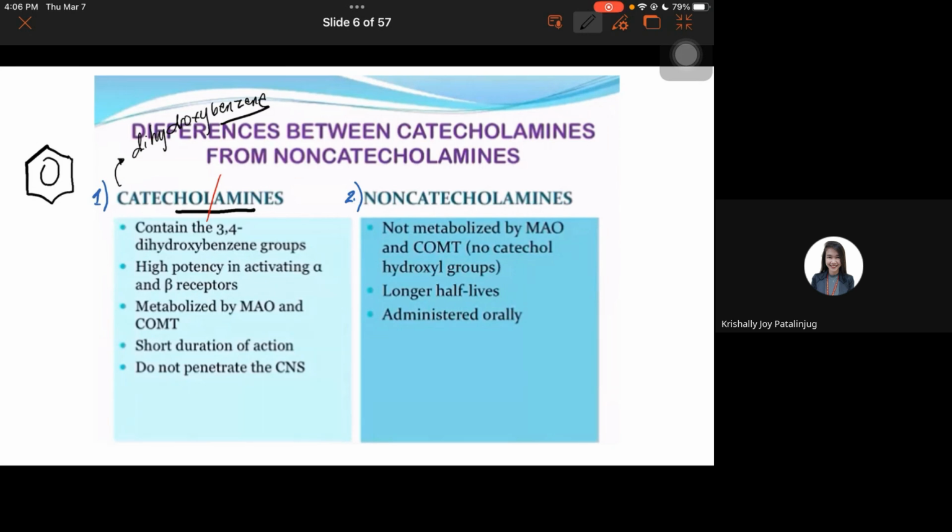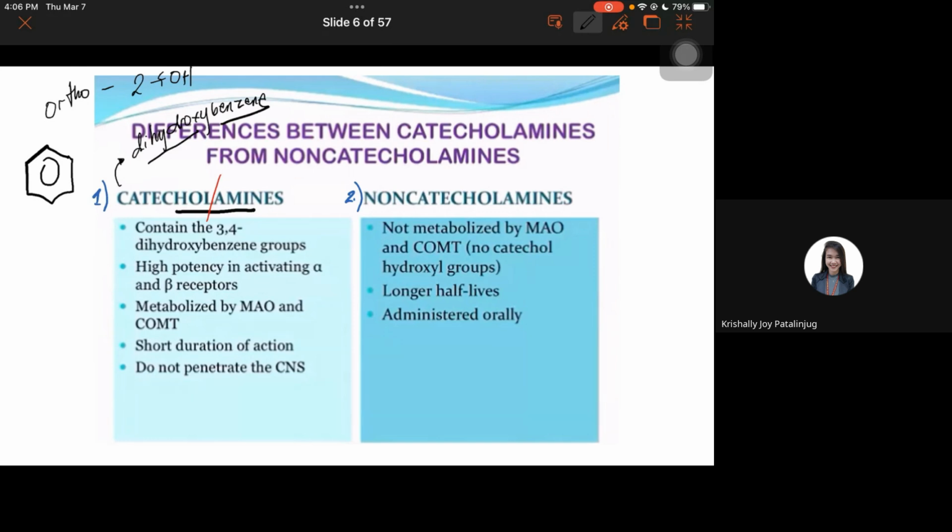And as we read its chemical name, it has two hydroxyl groups, hence dihydroxy. Now, the two hydroxyls present in the catechol ring are important when it comes to their position. Particularly, the two hydroxyls on the benzene ring are in the ortho position. Again, the two OH groups on the benzene ring are in the ortho position.